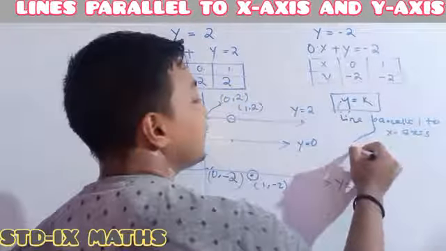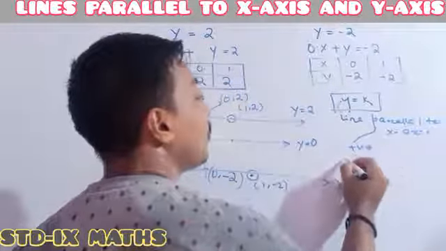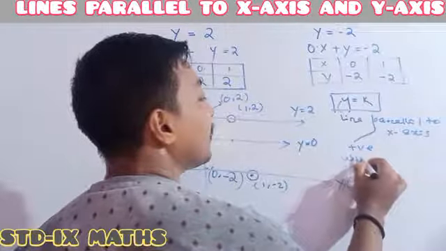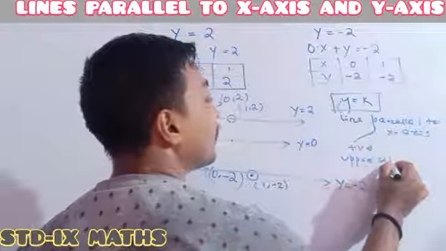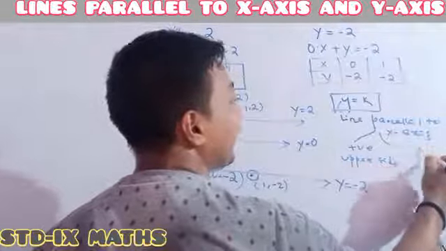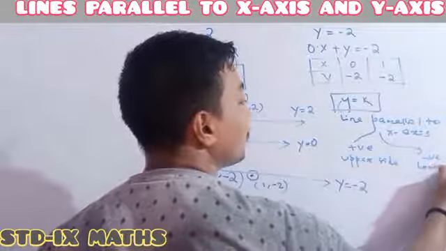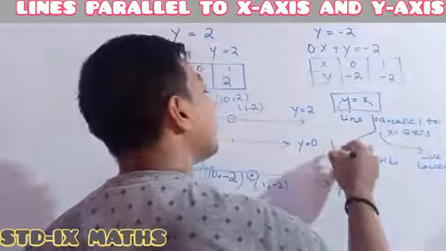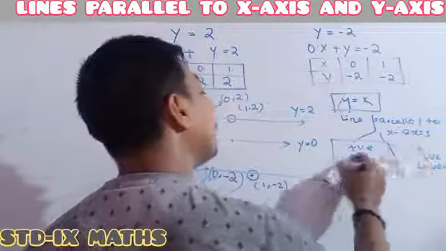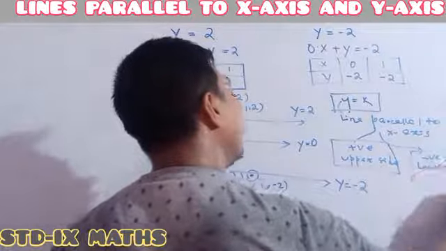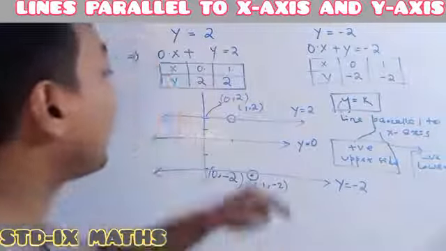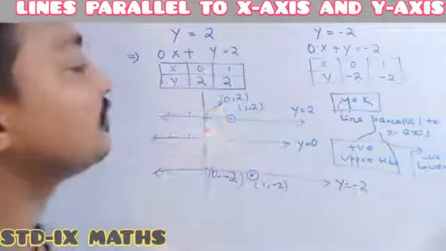Whenever k is positive, it means upper side, and whenever k is negative, it means lower side. Parallel to the x-axis towards the upper side when positive, and towards the lower side when negative.